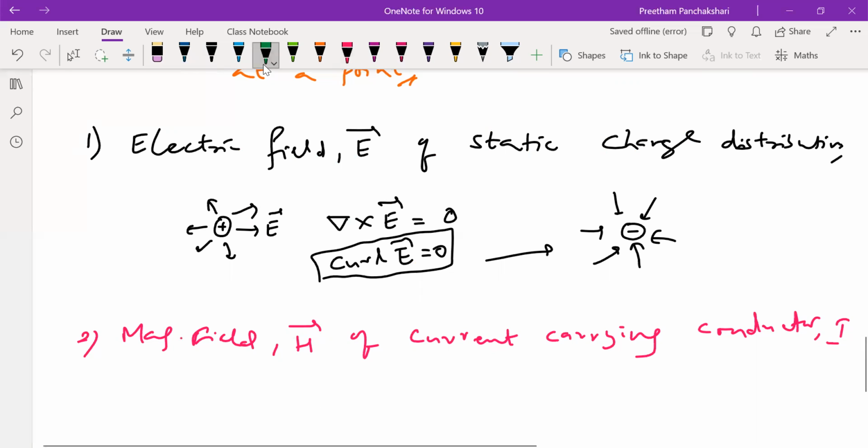That means curl of magnetic field is possible, and it is given by current density, nothing but current by area.